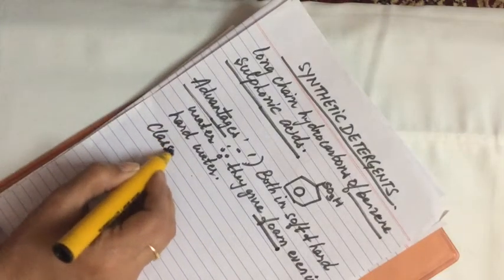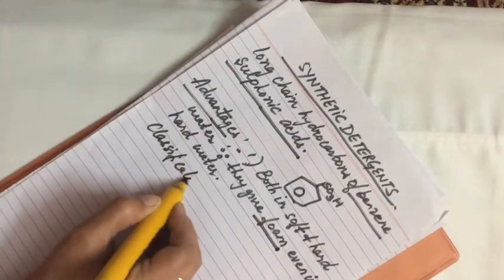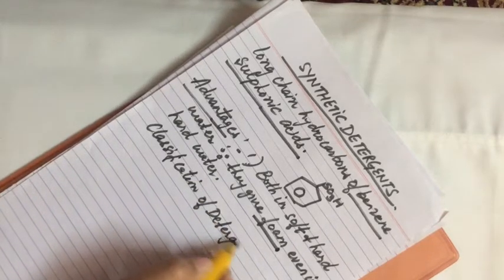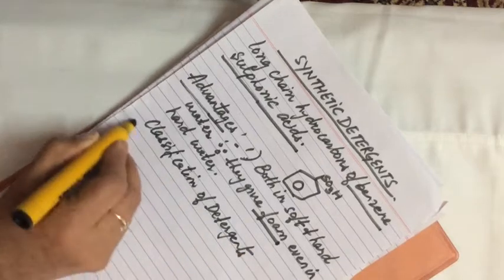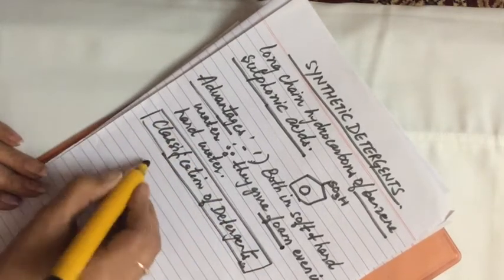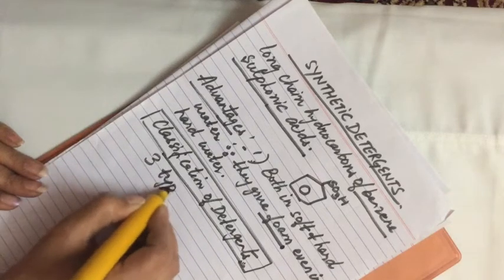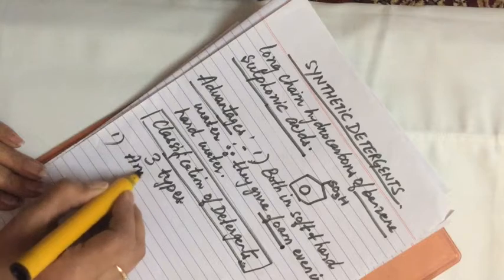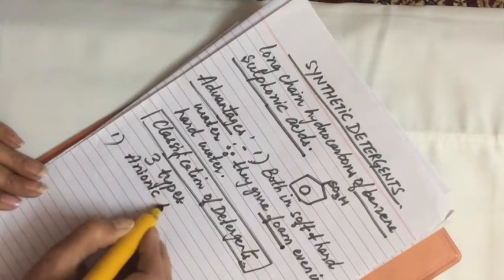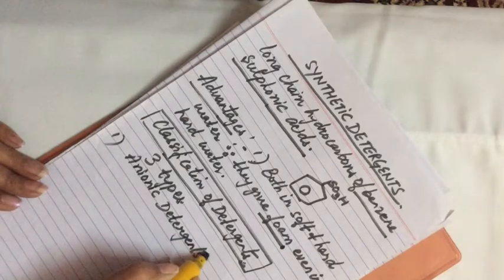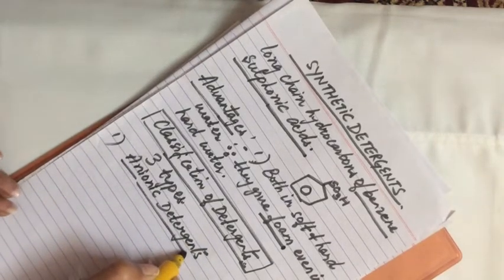Classification of detergents. Very important topic. It is of three types. First is anionic detergents. Anionic detergents.